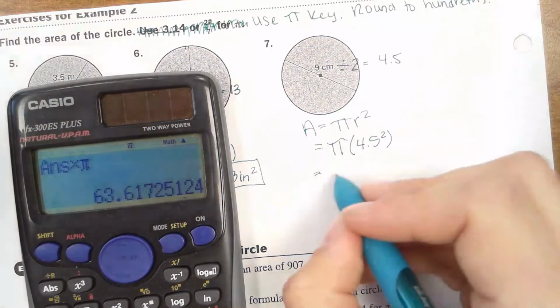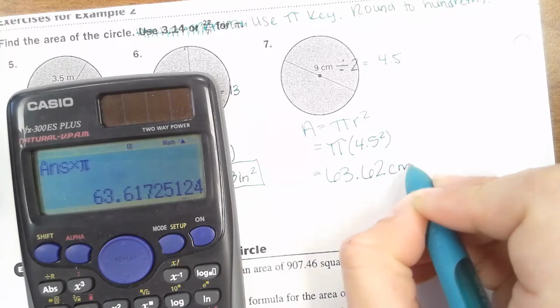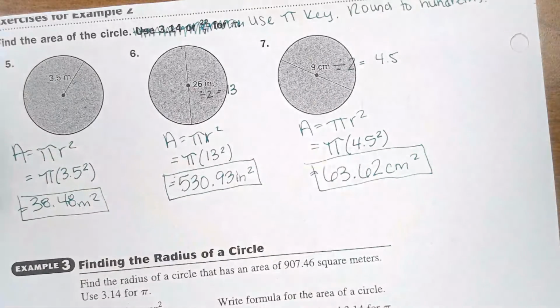If I round that to the nearest hundredths, it'd be 63.62 centimeters squared. Again, just another way that you guys can utilize your pi symbol, okay?